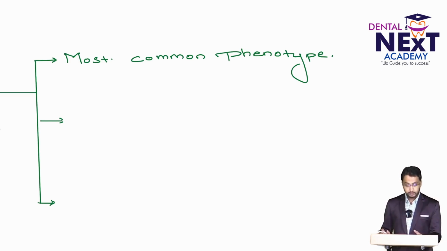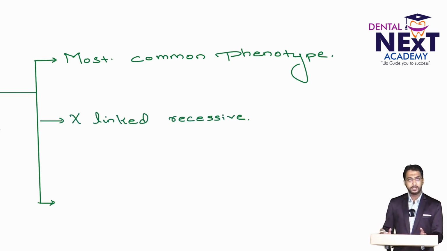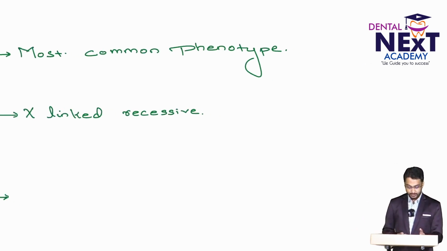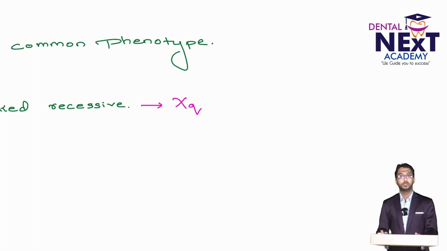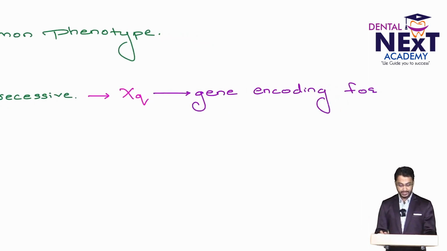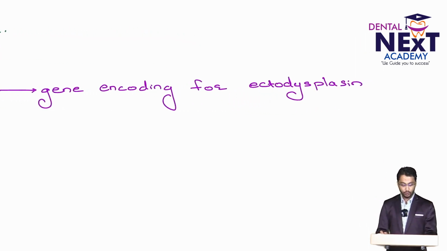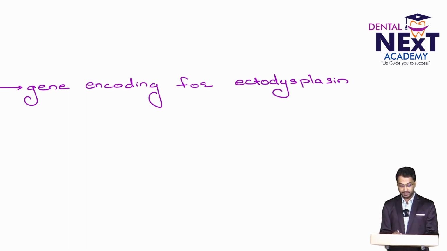They can ask you this. Now it's X-linked recessive, definitely, we said that's the most common inheritance pattern. In this X-linked recessive, it's the XQ arm. Now you know XQ and XP, isn't it? P is petit, Q is the longer arm. So XQ is affected, and it is a gene encoding for ectodysplasin.